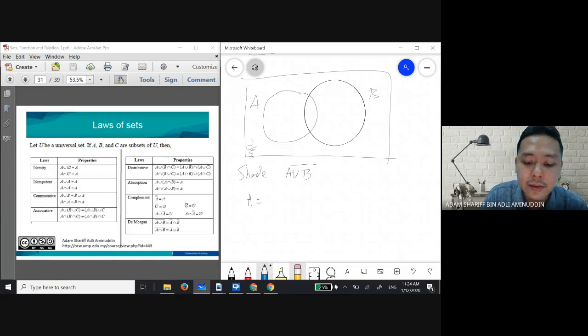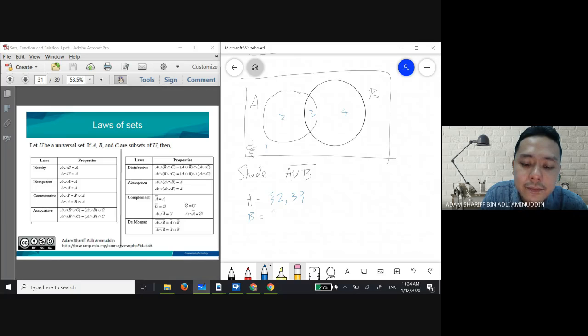Okay, kalau saya suruh shade A union B complement, untuk setengah student yang susah, saya cadangkan guna sistem ini. Ialah kita guna nombor 1, 2, 3, 4. To every enclosed region, region yang tertutup, you number it, you label it. For this example, we have 4 closed region. So region A ialah 2, 3.